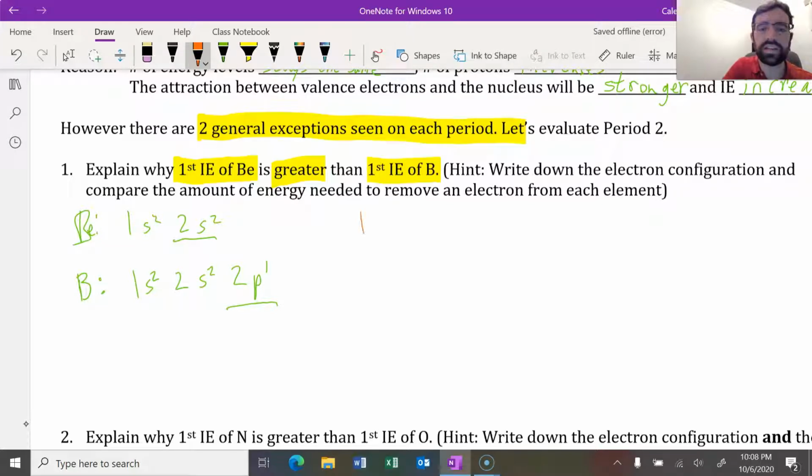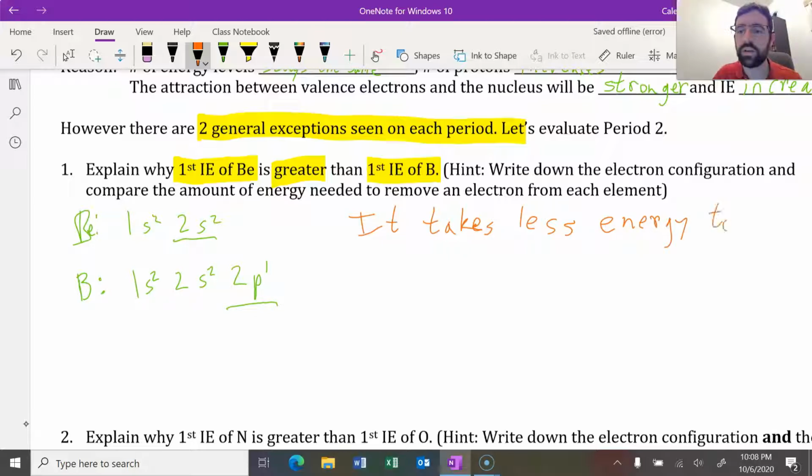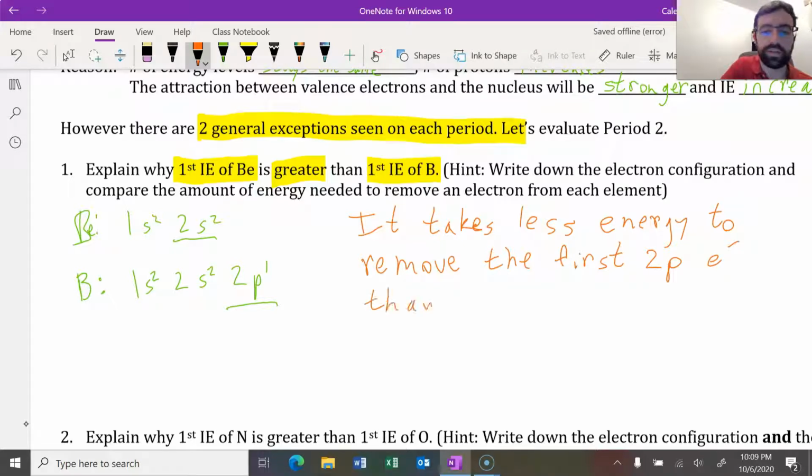What I want you to know is it takes less energy to remove the first 2p electron than it does to remove the last 2s electron.